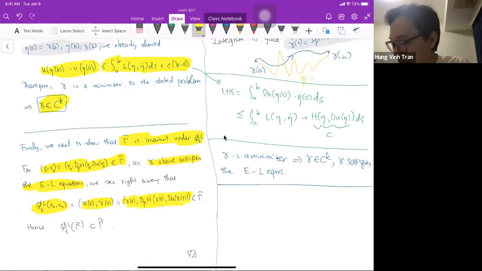And this is surely in gamma tilde. So if you keep a point there and let it run under the Lagrangian flow, it's always in gamma tilde. So we have the invariance property, and then we are done, right?